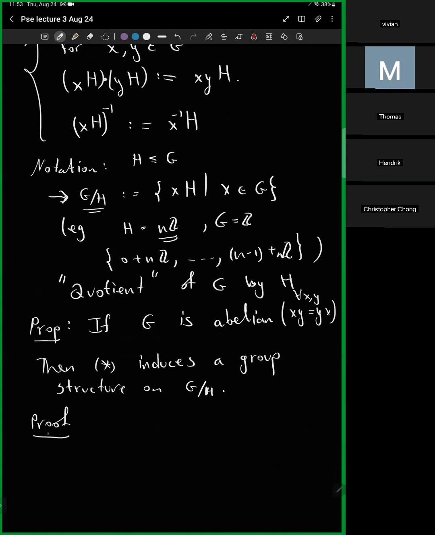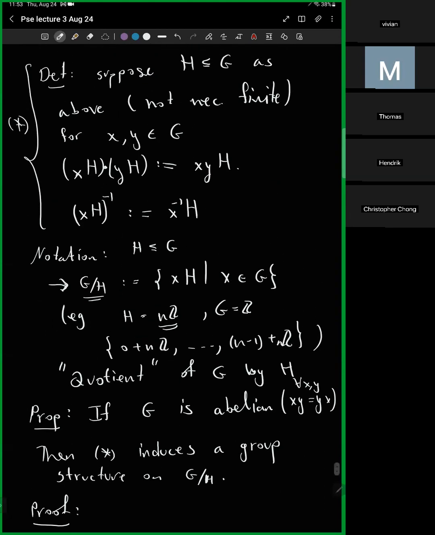Okay? And now, how do you prove it? Well, first, and this is a repeated principle in quotients, but we will run into it later on as well. I gave you a definition, and maybe you're not that experienced, but nobody told you that what I defined is indeed well defined.